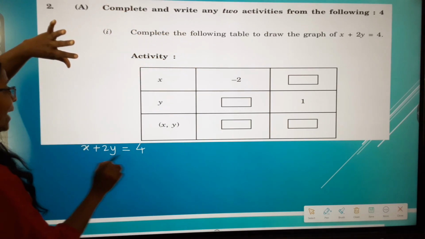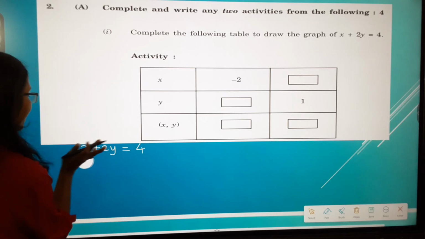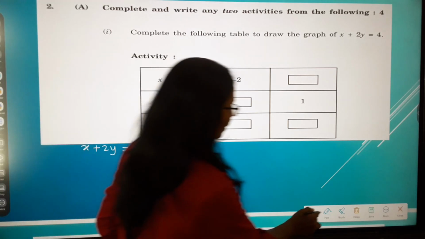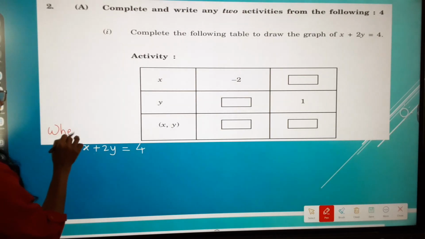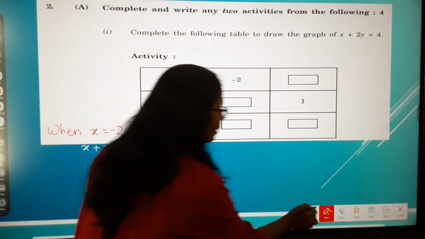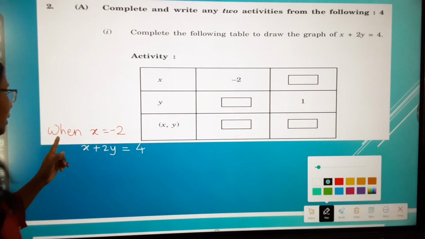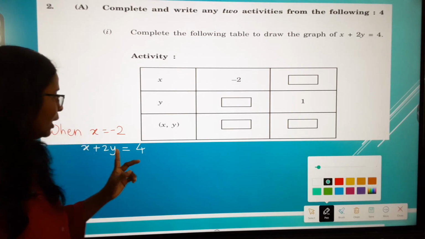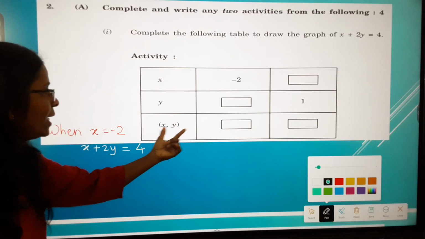So here we write that when x is equal to minus 2, and the equation is x plus 2y is equal to 4, then we have to find out the value of y as well as the coordinates.